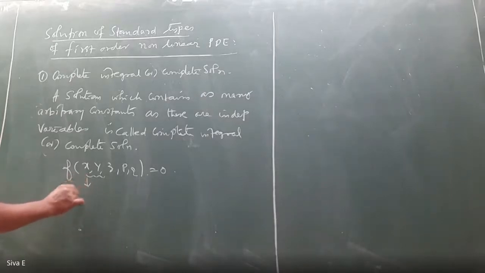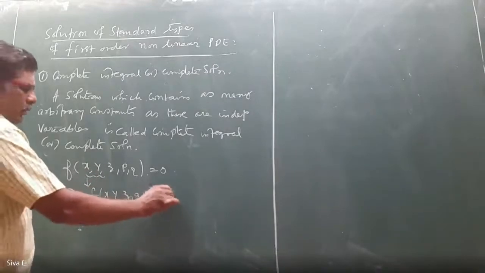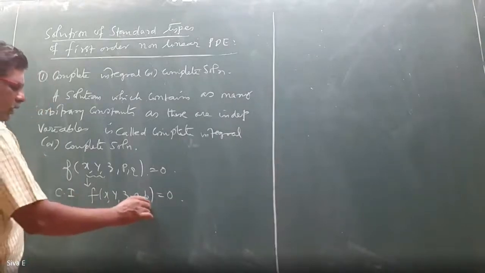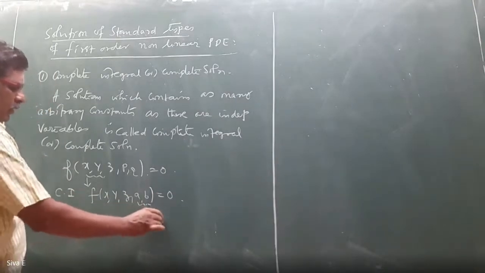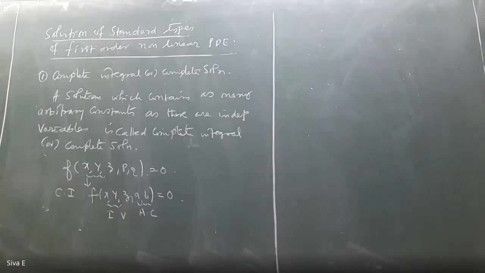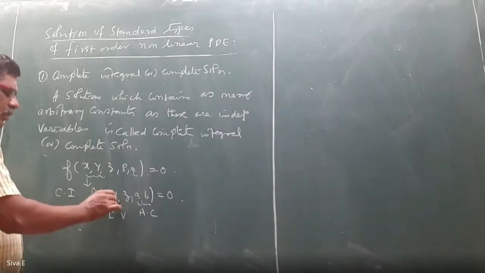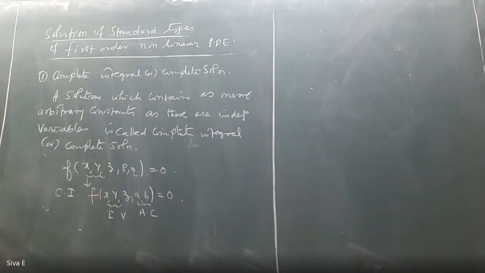If you are finding the solution for this, then you have to get f(x, y, z, a, b) equal to 0, where a, b are the arbitrary constants and x, y are the independent variables. If there are two arbitrary constants, then there should be two independent variables. This type of solution is called the complete solution or complete integral.